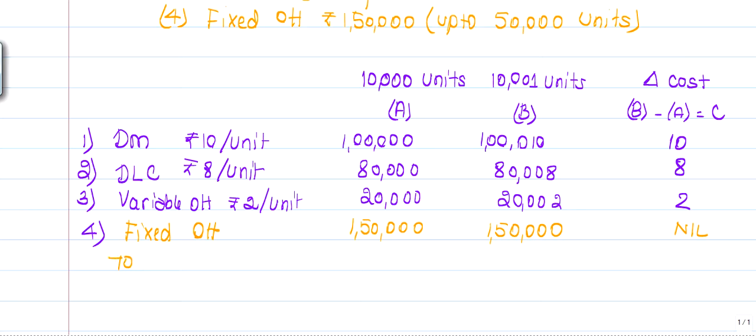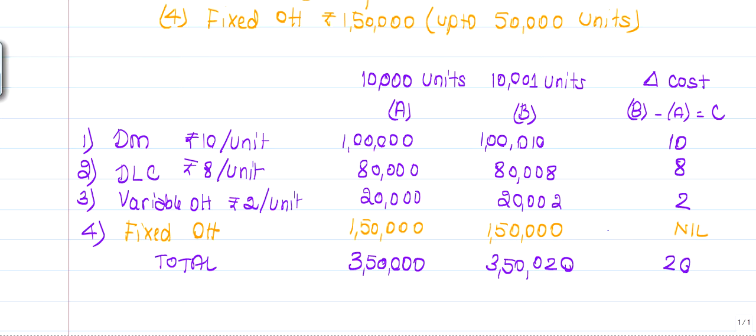So the total will be 3,50,000 here, and 3,50,020 there, a change of 20 rupees: 10, 8, 2 makes 20.